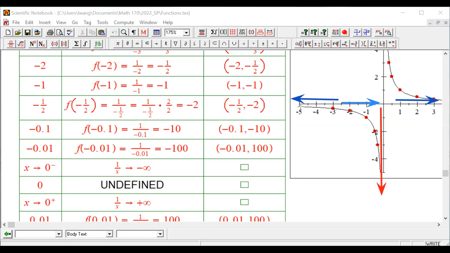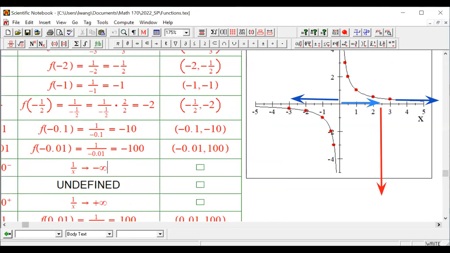But one is approaching 0 from smaller than 0. You can see this piece of curve is smaller than 0, never crossing the x-axis. On the other side, this piece of curve is always above the x-axis. So on this side, when the input is approaching positive infinity, the output is approaching 0.